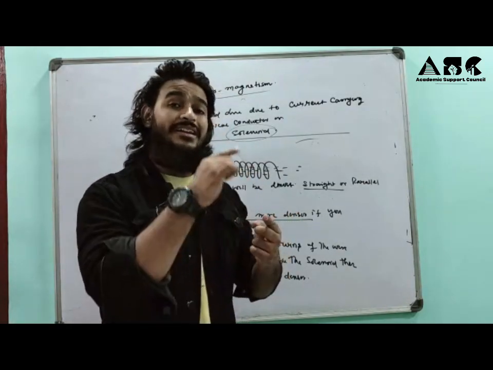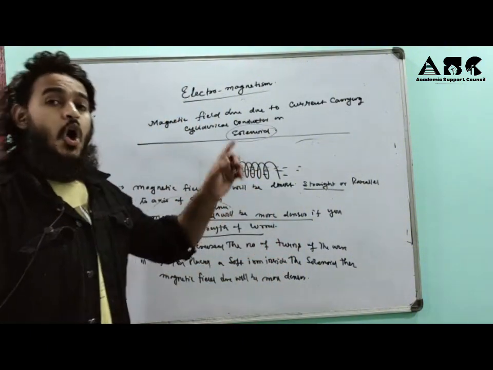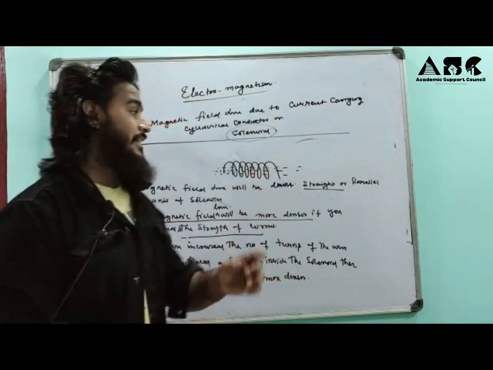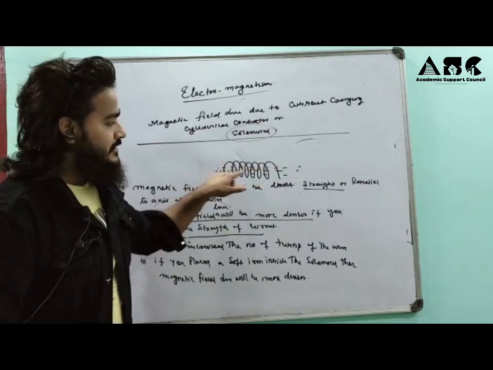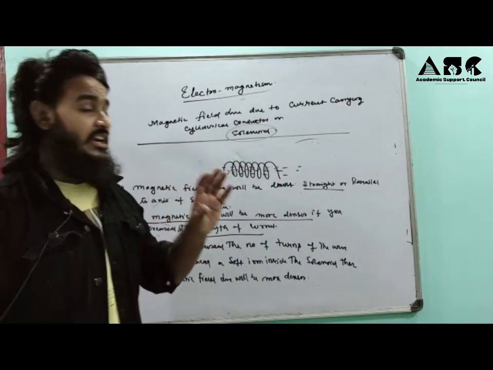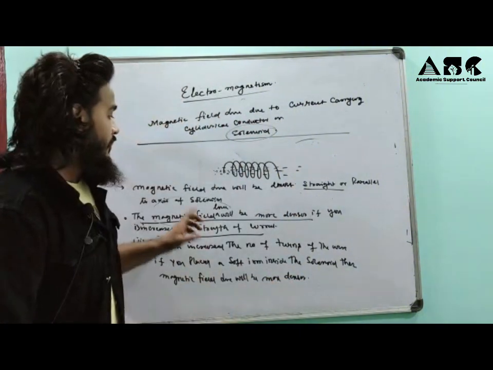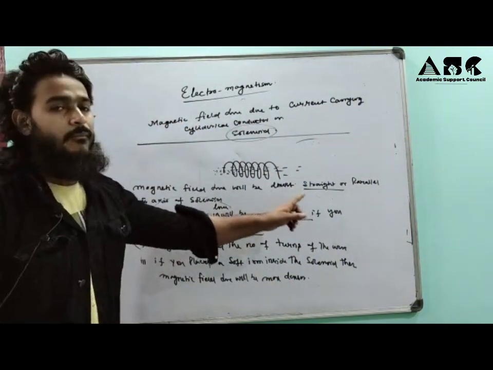Number 2, if you increase the number of turns, the magnetic field will also increase. And number 3, if you place soft iron inside the solenoid, it will behave as a stronger magnet, so the magnetic field lines will be more dense.